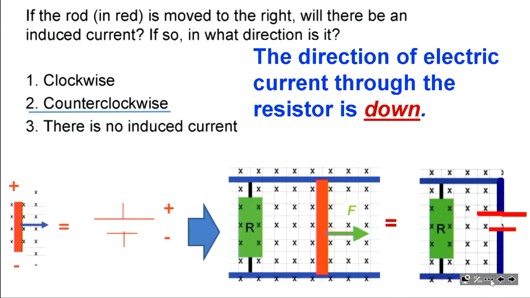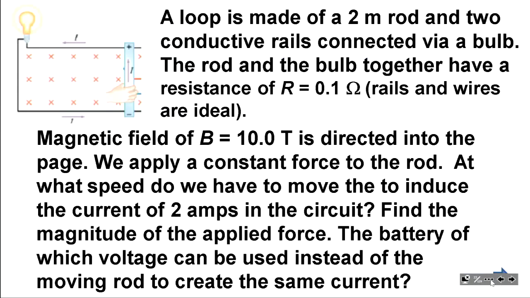So that's the answer. Now we have to solve a specific problem, because now we have everything we need to solve a specific problem. We have that device, a loop, which has a resistor in form of a bulb, which has a battery in form of a rod moving through magnetic field.